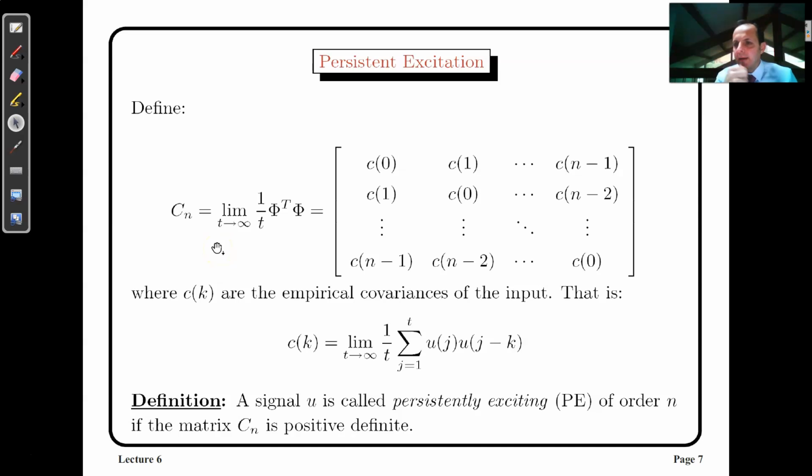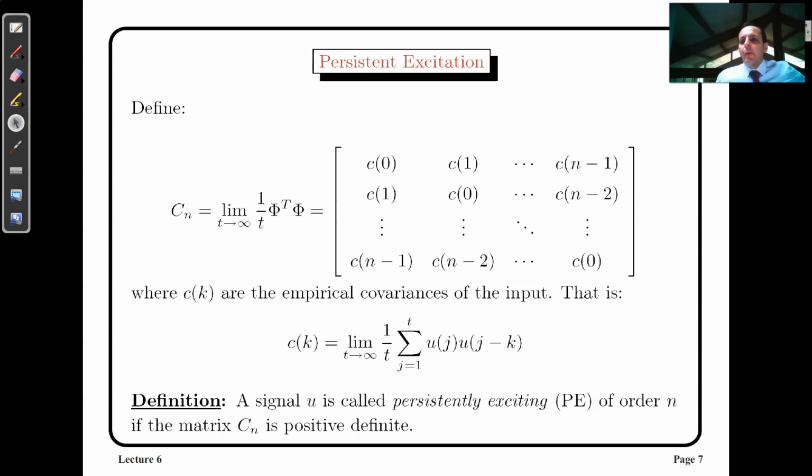Assuming that we can generate these covariance matrices for the input by letting the number of data go to infinity, we obtain these covariance matrices, and we can define the persistently exciting condition that, again, is a theoretical condition.